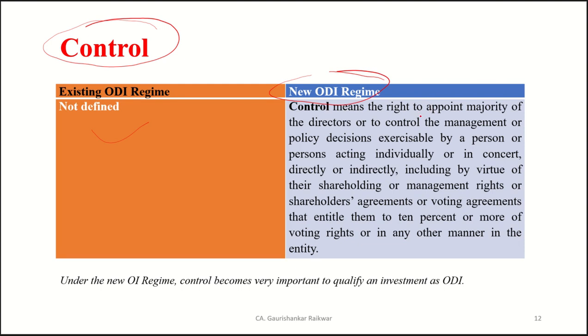Control means the right to appoint a majority of the directors or to control the management or the policy decisions, exercisable by a person or persons acting individually or in concert, directly or indirectly, including by virtue of their shareholding, management right, shareholders agreement or voting agreement, that entitles them to 10% or more of the voting rights. So 10% or more voting right is very important.